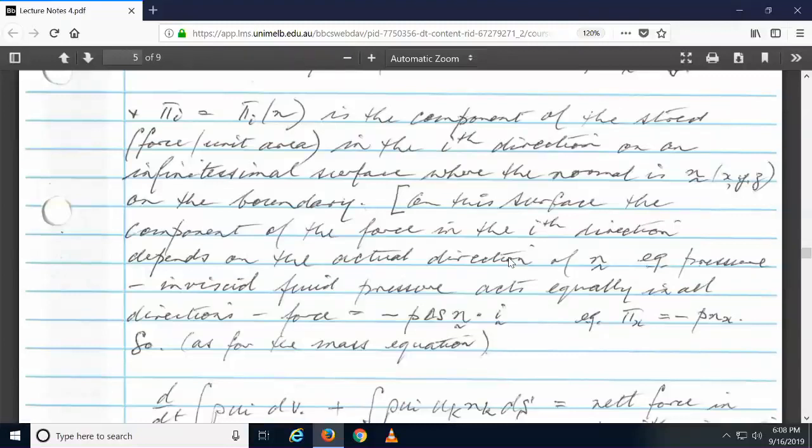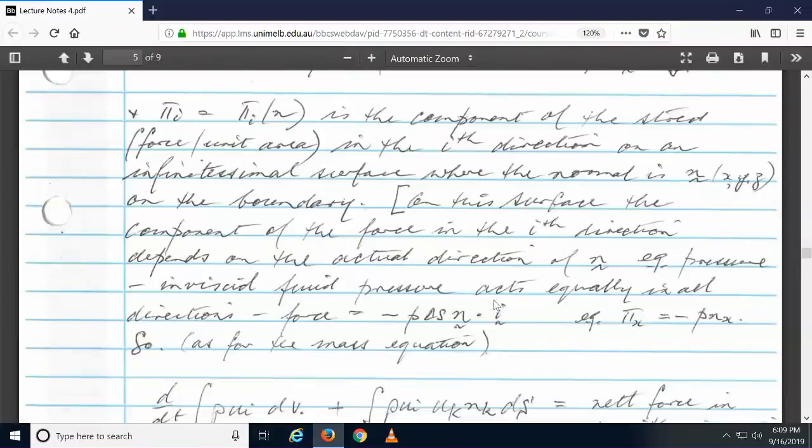So if I want to work out the force in the ith direction, this is the force in the minus n direction, but I need to work it out in the ith direction, so I need minus n dot I. So now that's a very important idea, and what you can see is that the force in the ith direction is minus P delta S n dot I. And so the force in the x direction, this n dot I is also the x component of n.